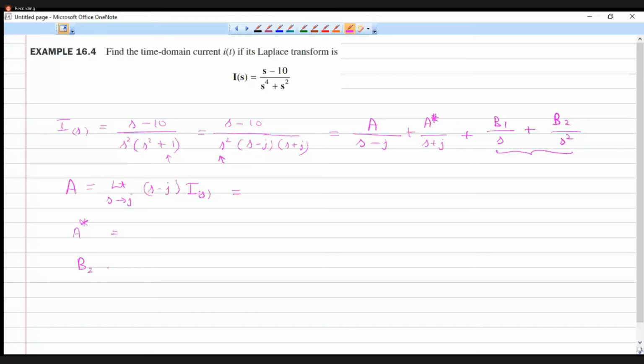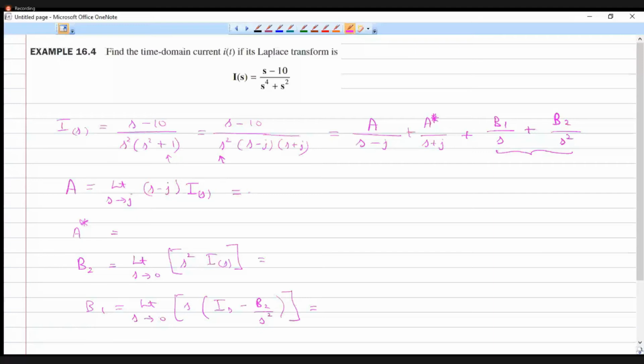So what is the equation for b2? b2 is limit s tends to 0 of s square into I of s. Once you have b2, then we can evaluate b1: limit s tends to 0 of s into I of s minus b2 by s square.